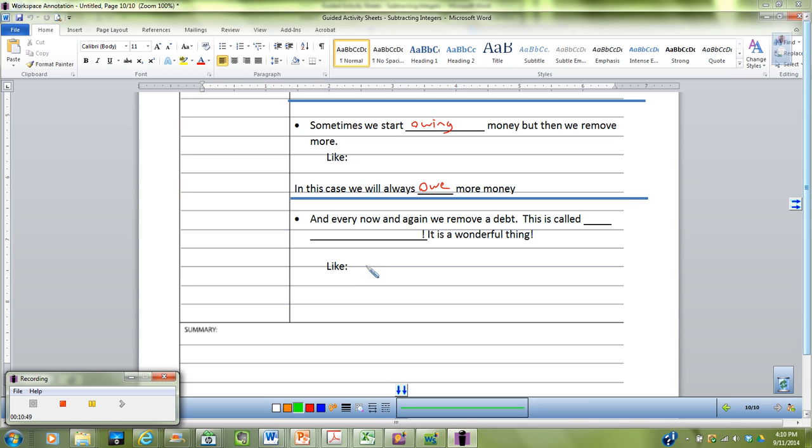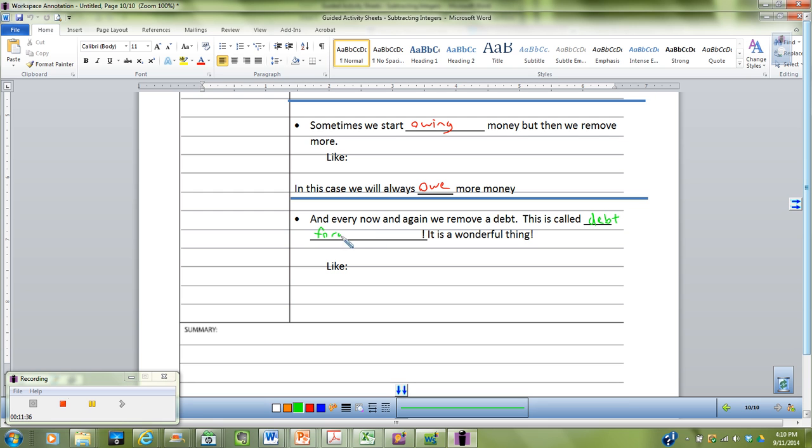So you had a debt, but then they took it away. So that's called removing a debt, meaning you had a negative thing, but then they took that away. It's like subtracting a negative out of your life. This is called removing a debt when talking about money. In other words, this is called debt forgiveness.